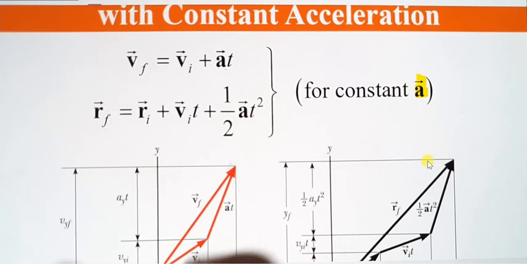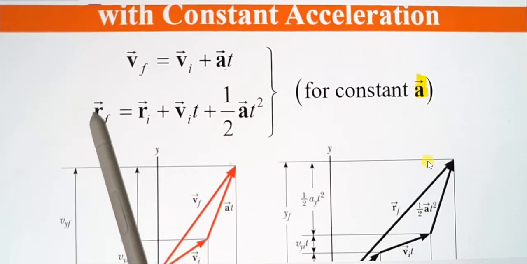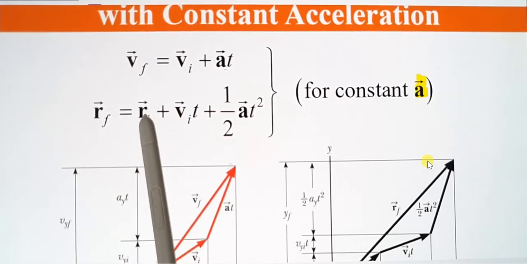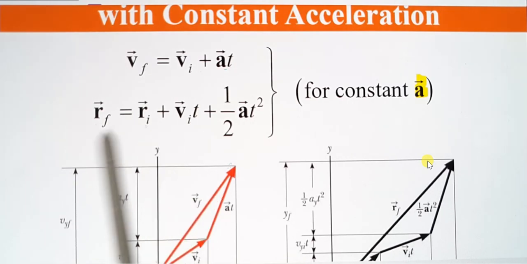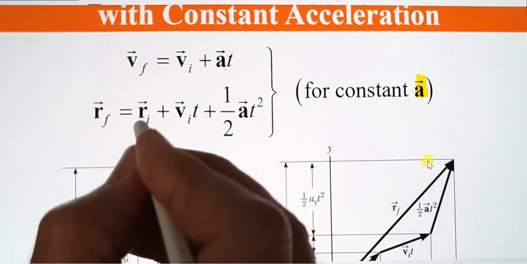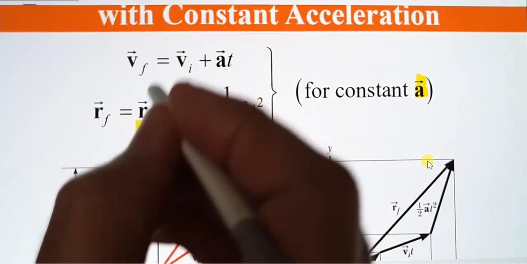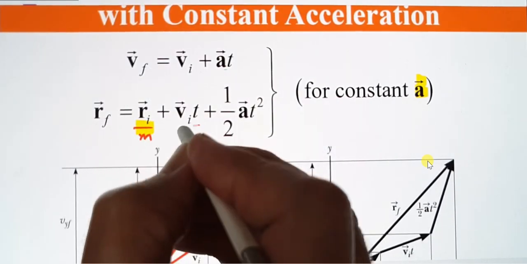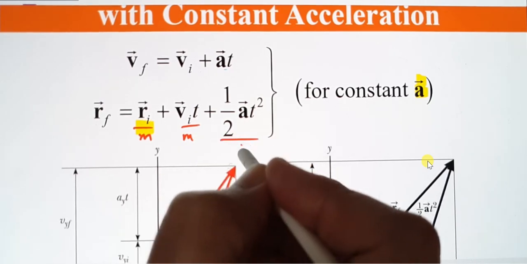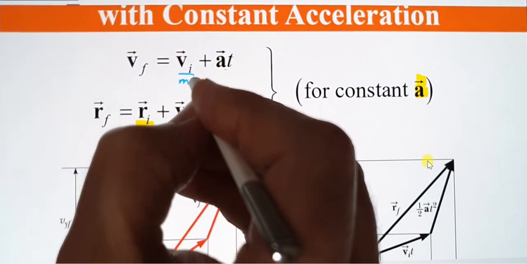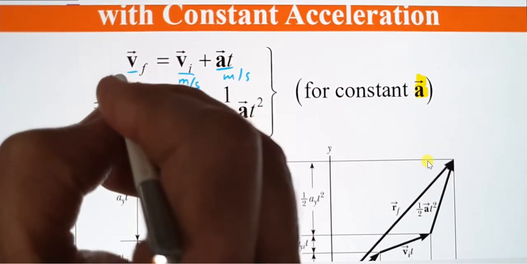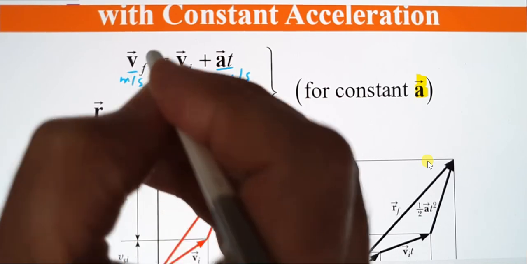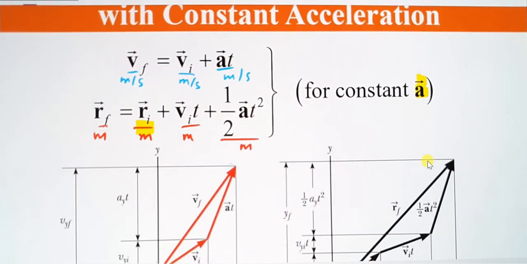So I hope now you have a deeper understanding when we say R initial plus VT. This is meter, this is meter, and this is also meter. This is meter per second, and this is also meter per second, and this is meter per second, and this is meter.